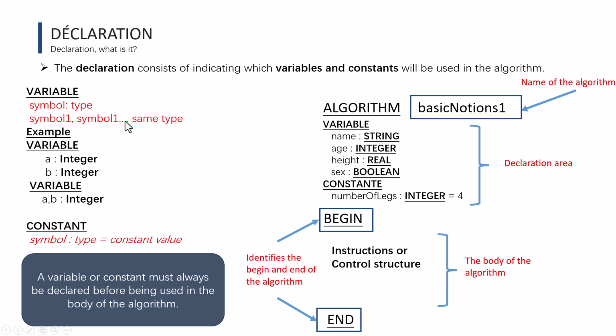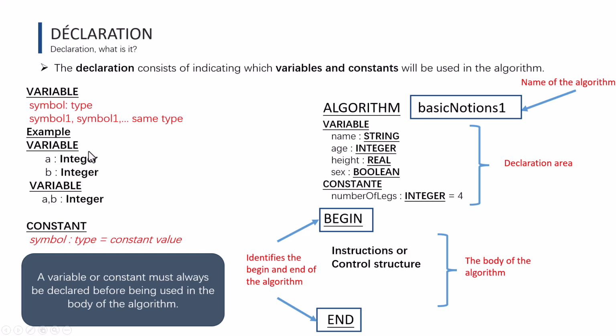Or, if many variables have the same type, you can declare them in one line, separating the symbols of the variables, and at the end put the colon with the same type. As an example, here you want to declare two variables a and b as integer.